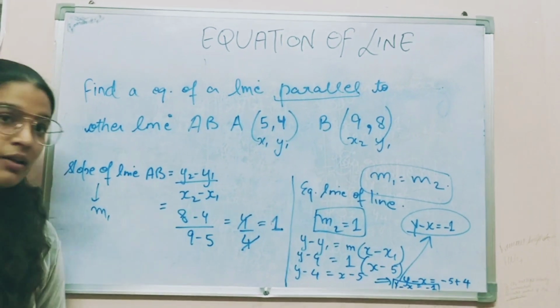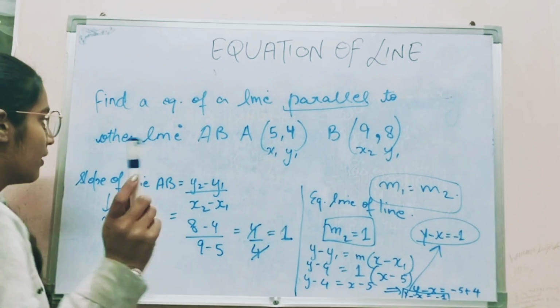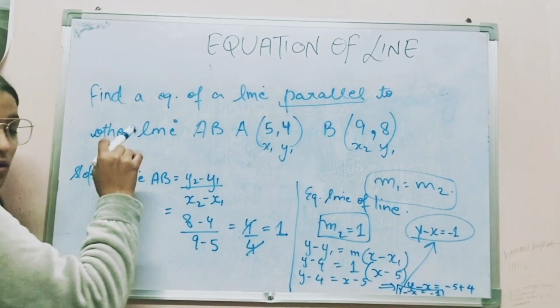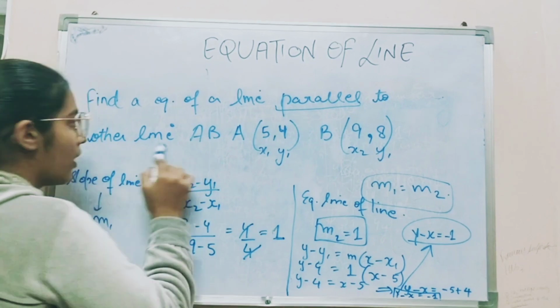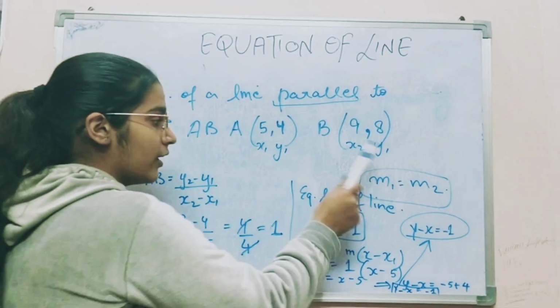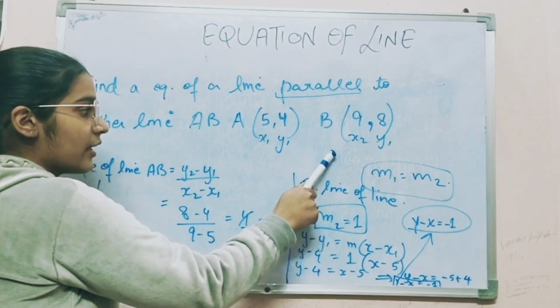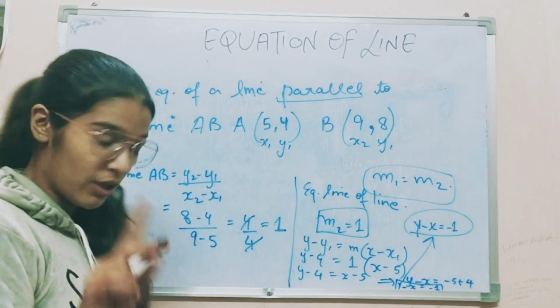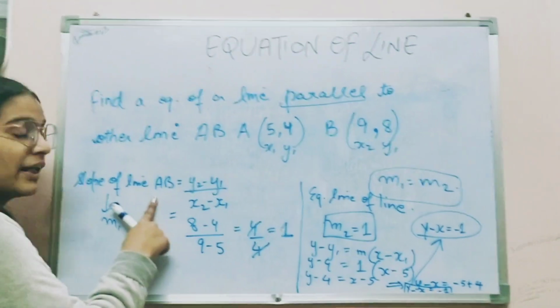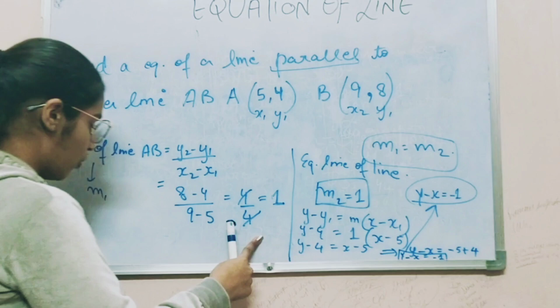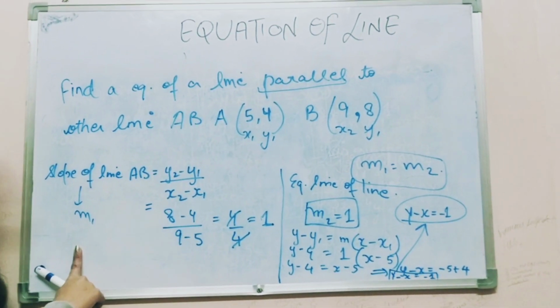Guys, it's very simple. Let me recall it once. In the question it was written, find the equation of a line parallel to the other line AB, and the coordinates are being given to us. Coordinates are given to us, which means that two ordered pairs are given to us. First, I simply find the slope of line AB. After finding the slope, I wrote m1 equals to 1.